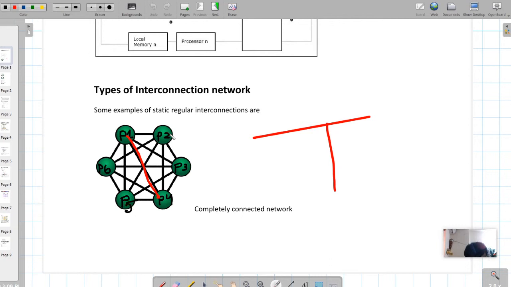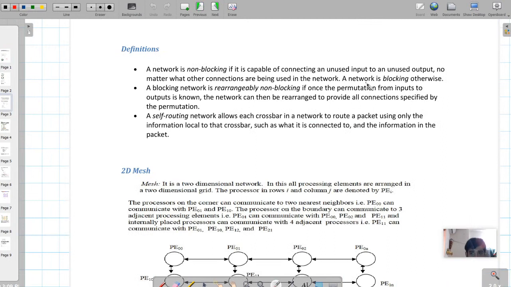Two unused inputs can communicate with one another no matter what other nodes are communicating with one another at that particular time. So this is non-blocking. The definition is justified, and a network is blocking otherwise, as we have looked into the tree example.